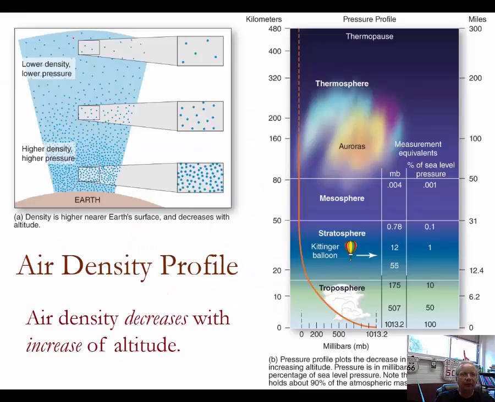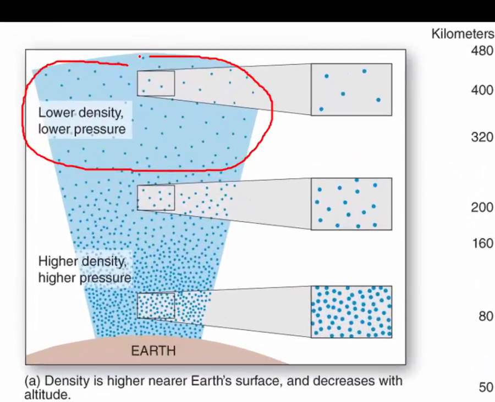At higher altitudes, there is lower air pressure because there is lower density of the air molecules. They're not as close to each other; they're spread further apart. Most of the time we can't sense that, but our ears sometimes notice it because they pop, so to speak, when you move higher or lower through altitude.